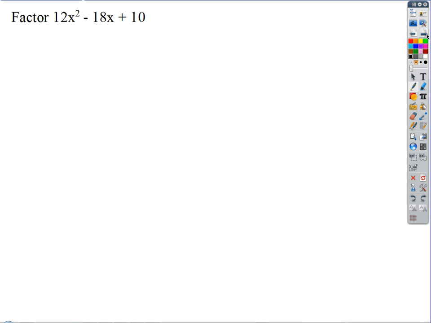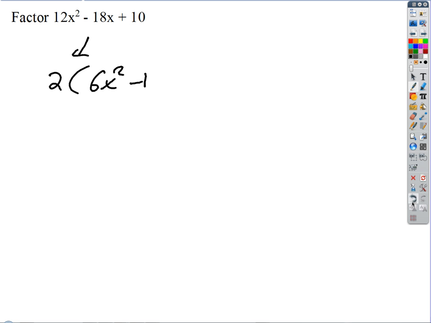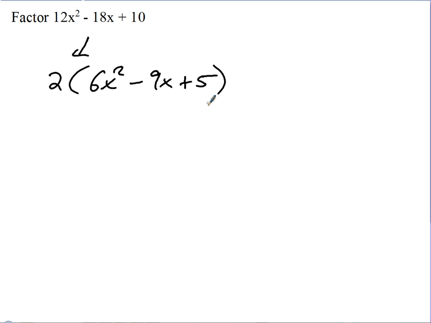When you're factoring, you always want to see if you can factor out a greatest common factor. Is there something you can undistribute? Because it always makes life so much easier if you can. Does something divide into all 3 of those terms? 2 does. Good. So we could split this up into 2 times 6x squared minus 9x plus 5. Much easier numbers to deal with.